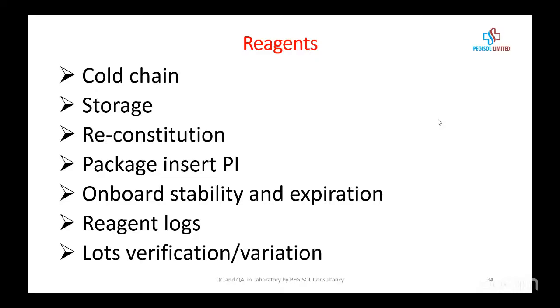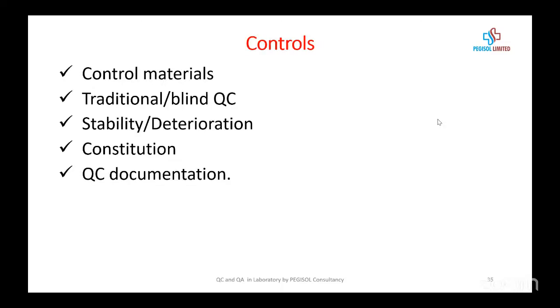You have to check if the reagent onboard has expired. That means the one you put in the equipment, if it has passed the onboard stability, it can result in QC failure. Reagent log, lot-to-lot verification, lot-to-lot variation. This can affect the QC performance for that particular test.